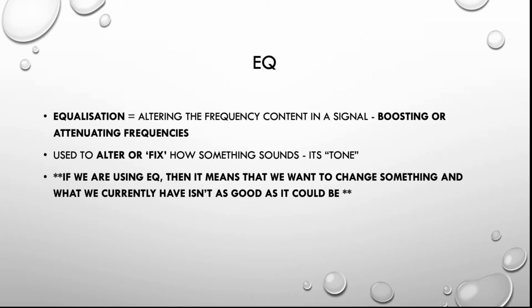For example, I'm speaking through an EQ now. As I'm quite close to the microphone, I can boost low frequency information, and it's fairly audible that I'm doing that. And I can cut low frequency information, and that's fairly audible as well.